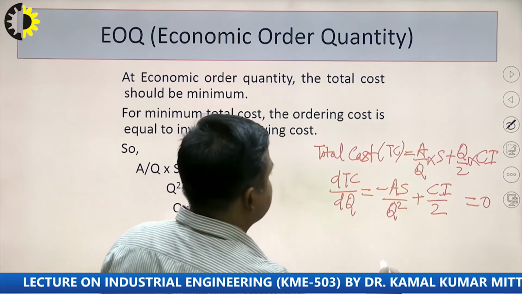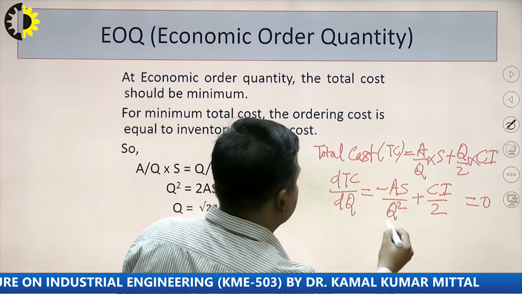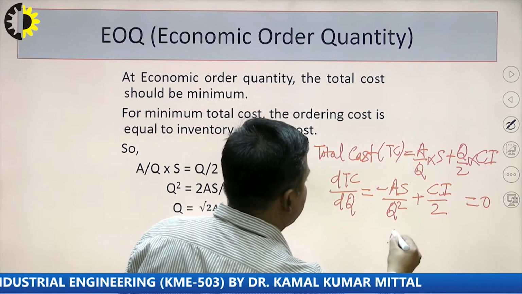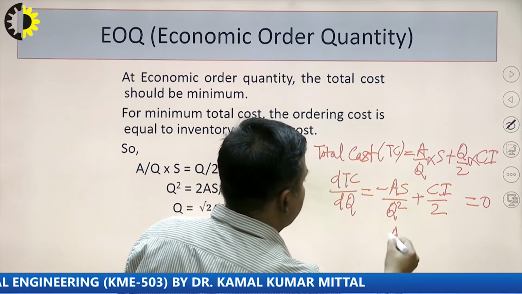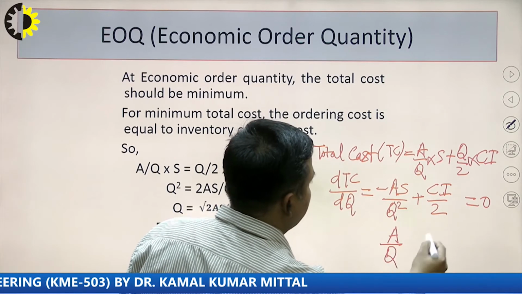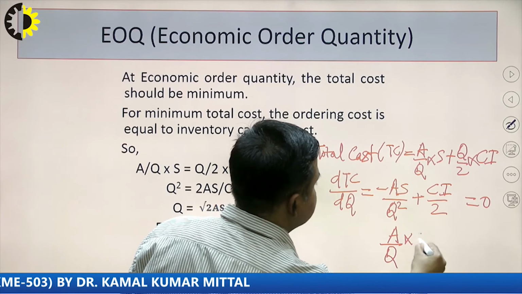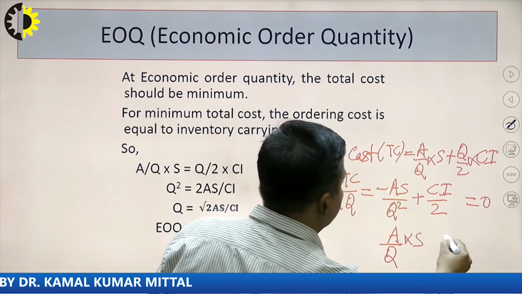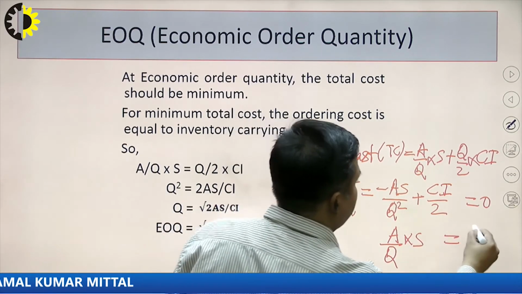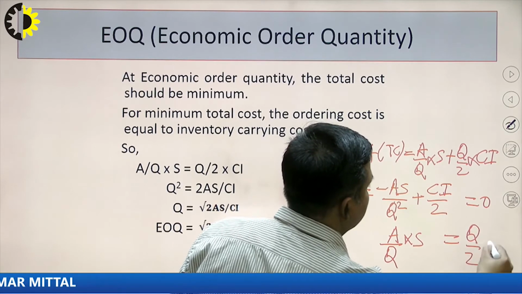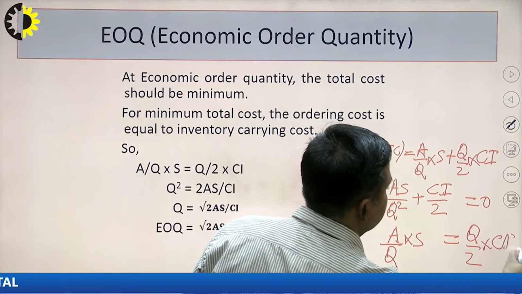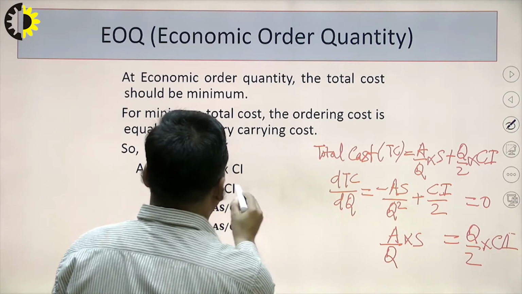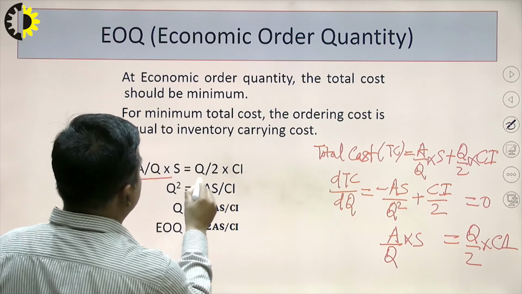So, from this we can easily see that A by Q into S equals Q by 2 into CI.